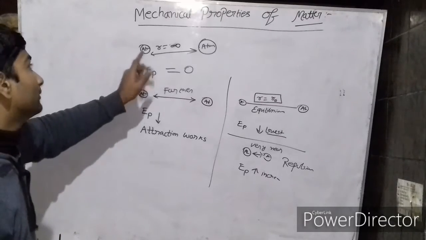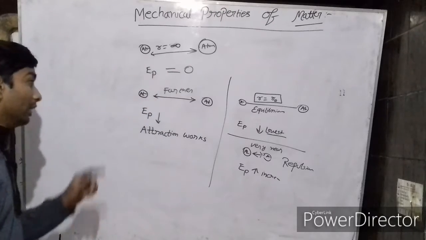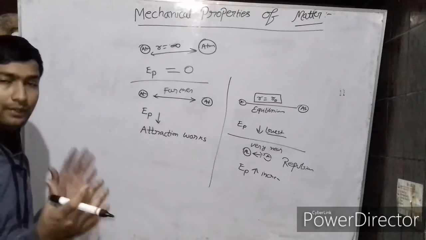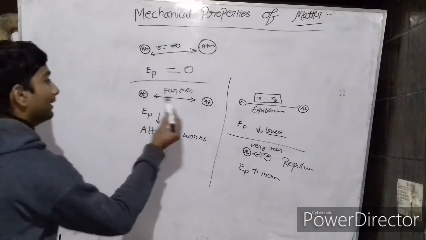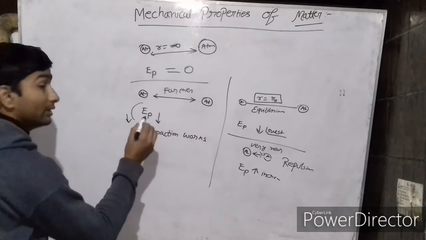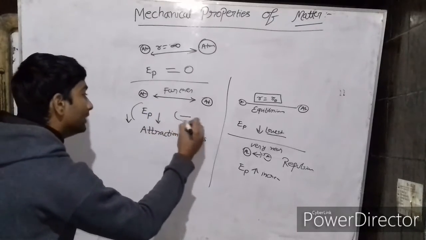When atoms are at a very large distance, r equal to infinity, then potential energy is 0. When they are brought near but not so near, then attraction force acts and potential energy decreases, so potential energy is negative here.